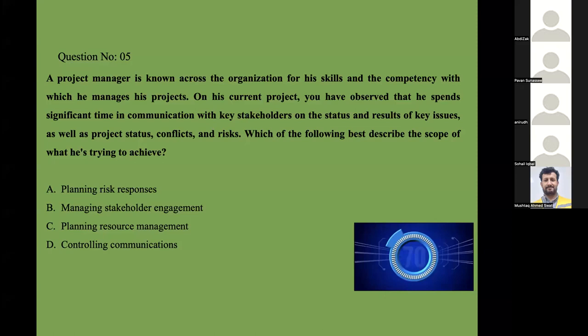On this current project, you have observed that he spends significant time communicating with key stakeholders on the status and result of key issues, as well as project status, conflicts and risk. Which of the following best describes the scope of what he's trying to achieve? It's B, managing stakeholder engagement.